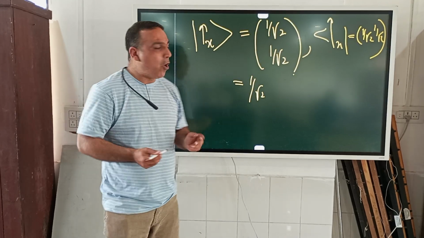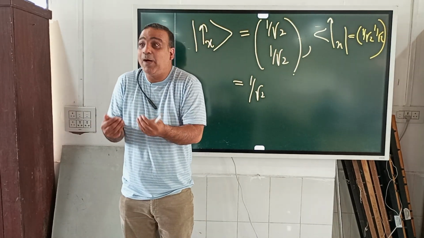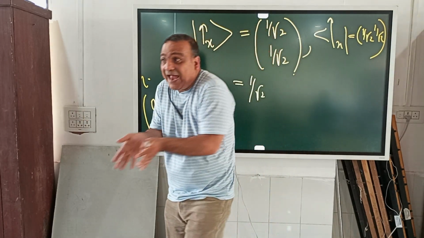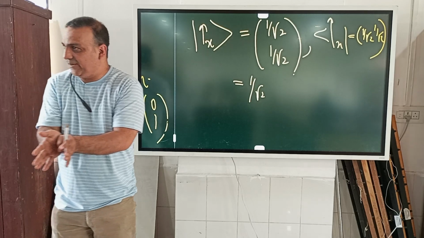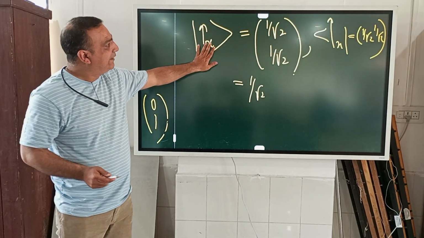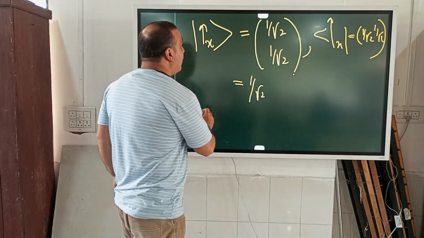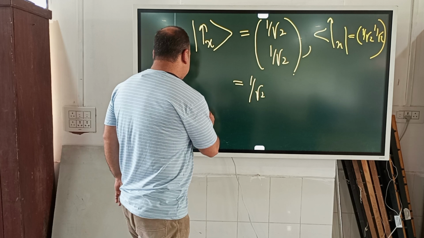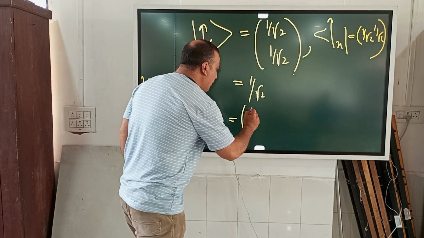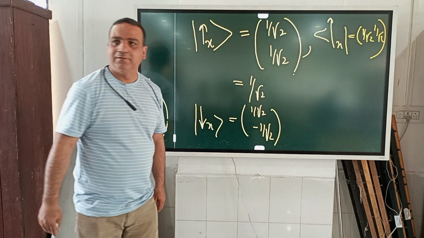Getting my point? Because I have to build Pauli's spin matrices, I am designing my mathematical formulas in that way. So this is my spin up along x, the ket, then you have its bra. Now, spin down along x is a column vector of 1 by root 2, minus 1 by root 2. Right?